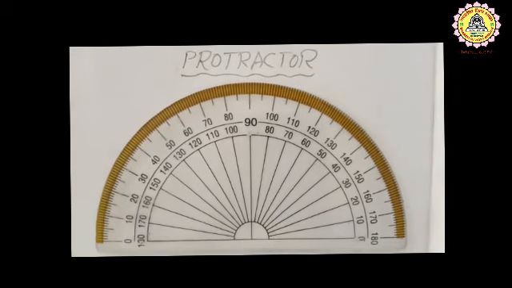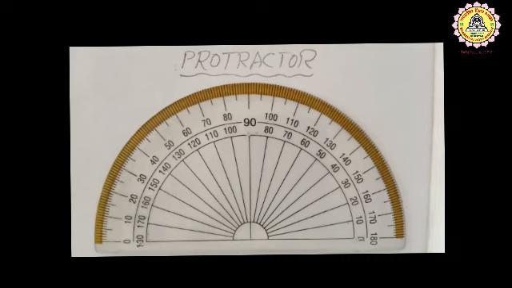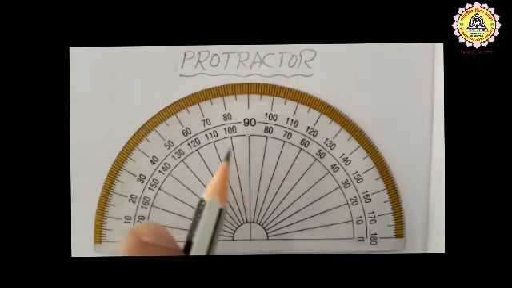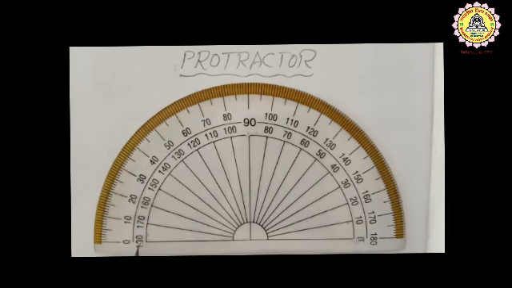The inner scale starts from 0 degrees, which is on the right side, and ends with 180 degrees on the left side.